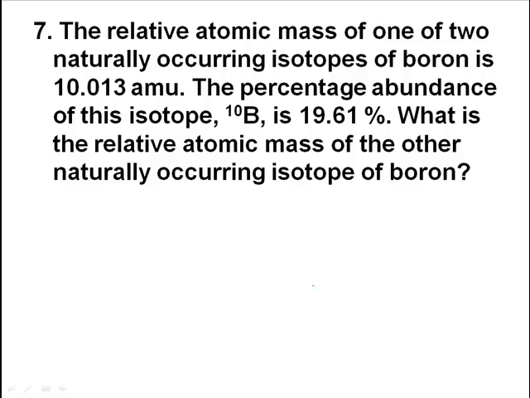All right, let's look at number 7 here, at least how to think about the problem and then how to get our answer. So we've got 2 isotopes of boron. You've got boron 10, which has a mass of 10.013 AMUs and the percent abundance of 19.61%.